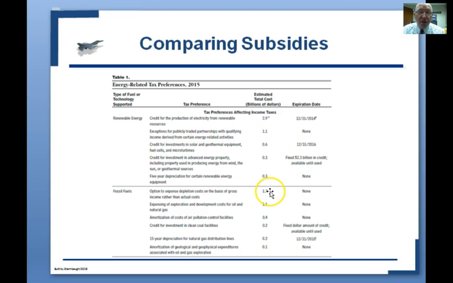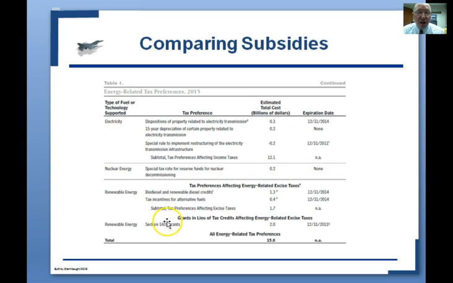I also want you to remember that when we compare total subsidies, if you add up all of the Treasury subsidies for the fossil fuels industry, so these are energy-related tax preferences, you get a number that's just under $4 billion. When you add up all of the renewables, the majority of which are wind, you have basically 5 billion here, and then on this, another 2 billion for renewable energy.